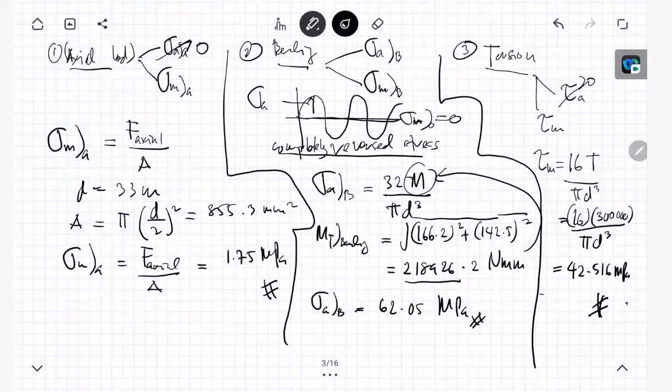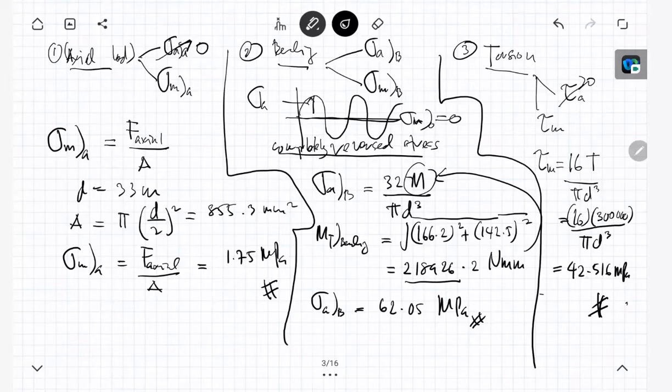So you have three values. For the axial loads, you have mean stress. For the bending, you have alternating stress. For the torsion, you have mean shear stress.